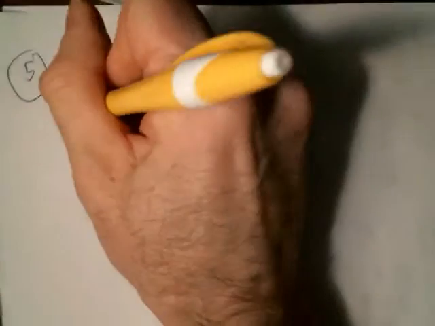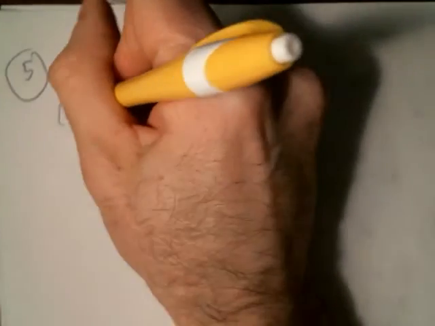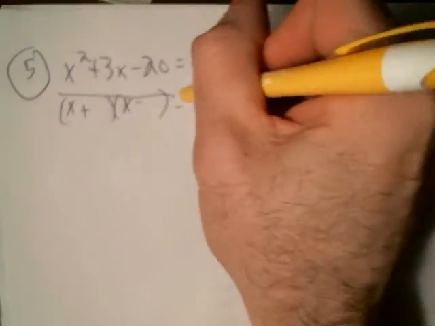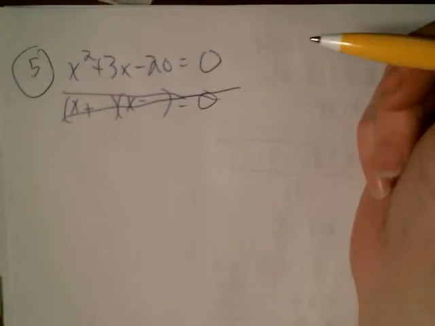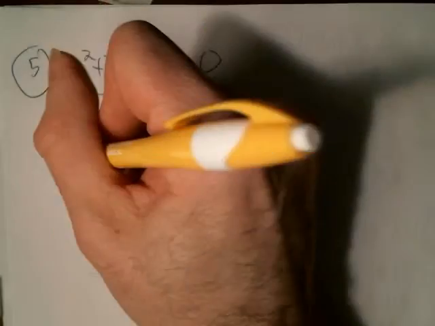You say, okay, it's x and x, and the signs have to be plus and minus, and then you're thinking factors of 20 that add to 3, and there really aren't any, right? So 4 and 5, 2 and 10, 1 and 20, there just isn't any. So you're forced to use some other method in this case, and that method is the quadratic.